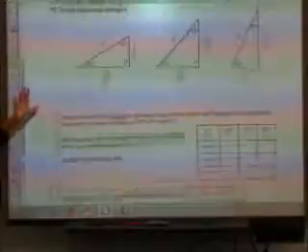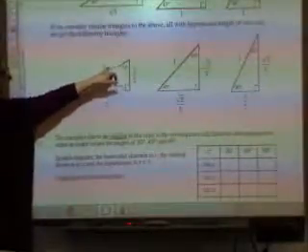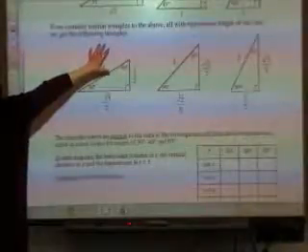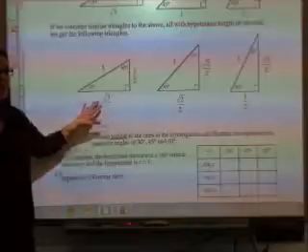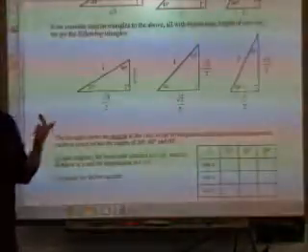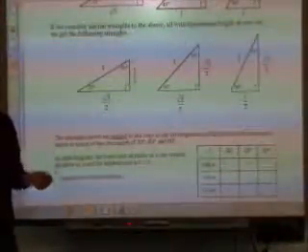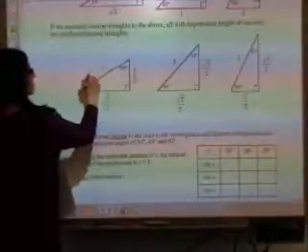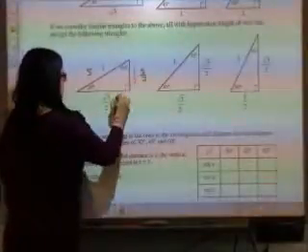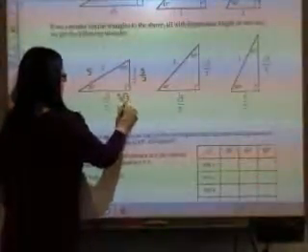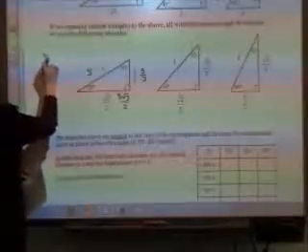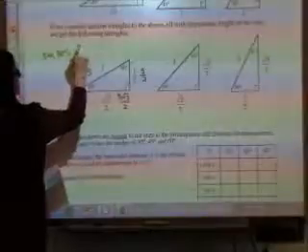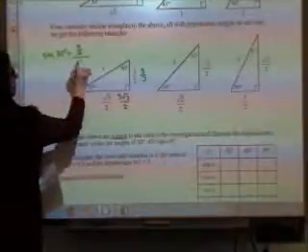If I change these triangles, if I was to multiply all of these by a value such as 5, my sine and my cos and my tan would still reduce to be the same thing. So if I had made this 5, this would be 5/2, and this would be 5 root 3 over 2. And if I was to determine what the sine of a 30-degree angle is, sine is opposite over hypotenuse.